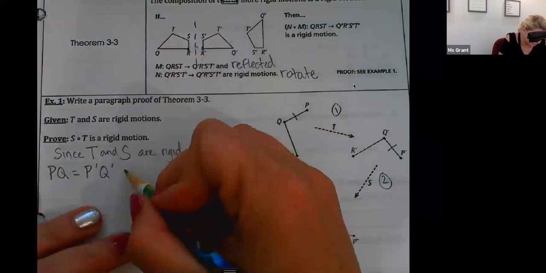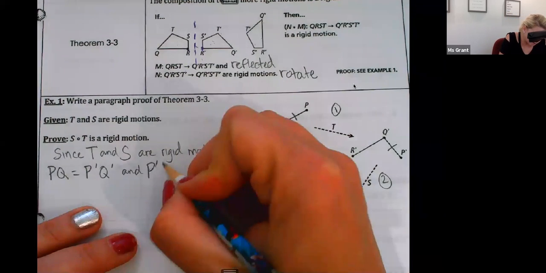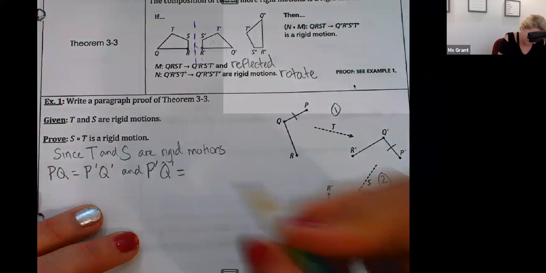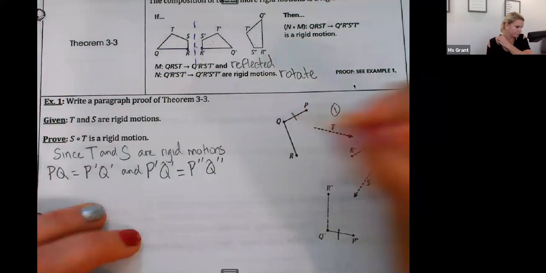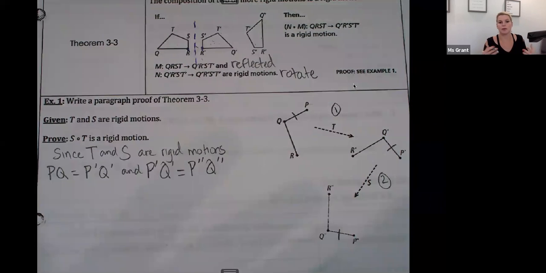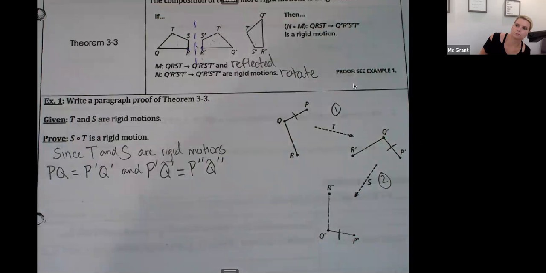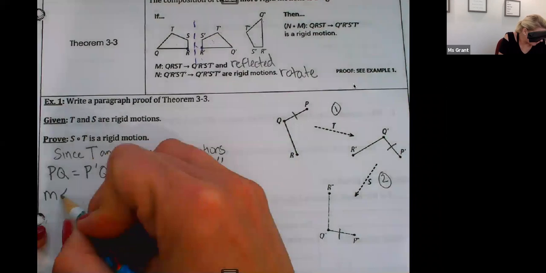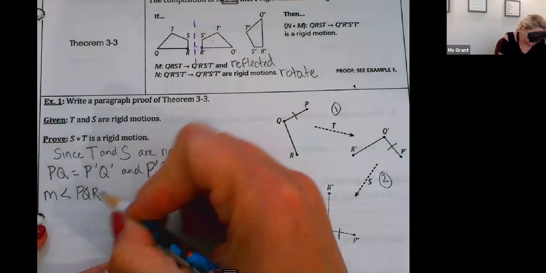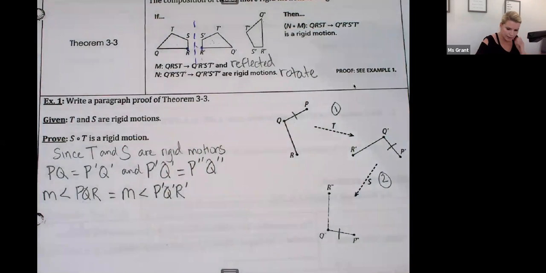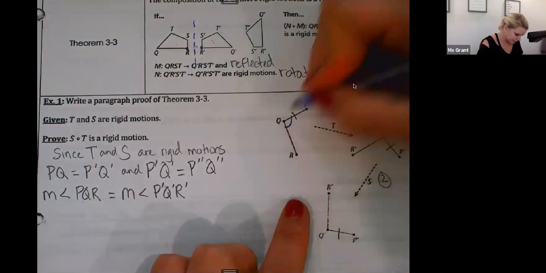And I also know that P prime Q prime, this line is the same as this line, P double prime Q double prime. The same length. So I know that it kept its shape, right? Now I want to talk about the angles. The angles didn't change. The measure of angle PQR is equal to the measure of angle P prime Q prime R prime. So this angle right here is the same as this angle.